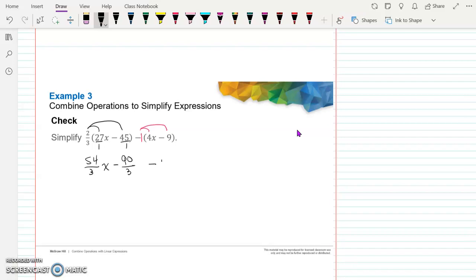And then we've got a minus 4x, negative 1 times positive 4, and then a negative 1 times negative 9 is going to give us a plus 9. So 54 divided by 3 is 18. 90 divided by 3 is 30.